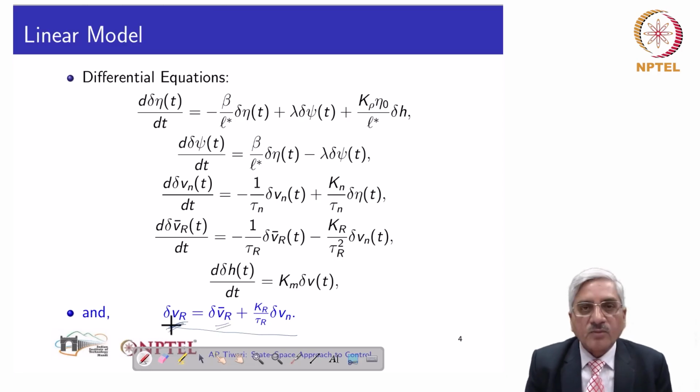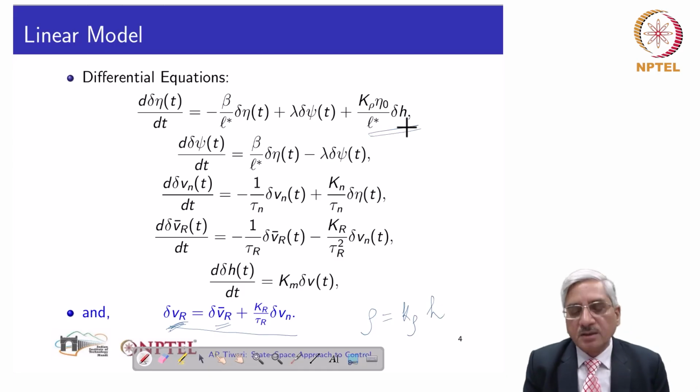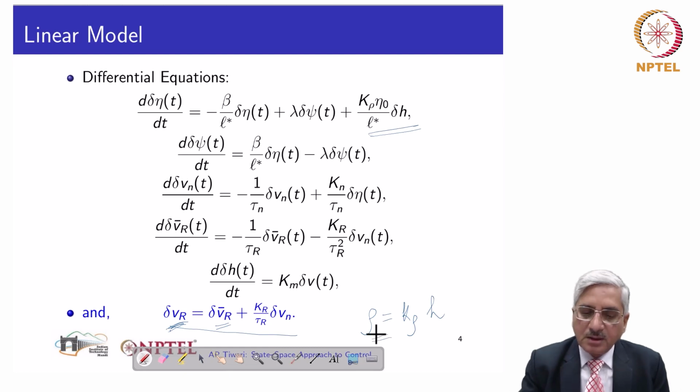We had one more differential equation relating rho and the control rod height h. However, we have substituted it in terms of h or delta h here. So that equation is indirectly brought here.